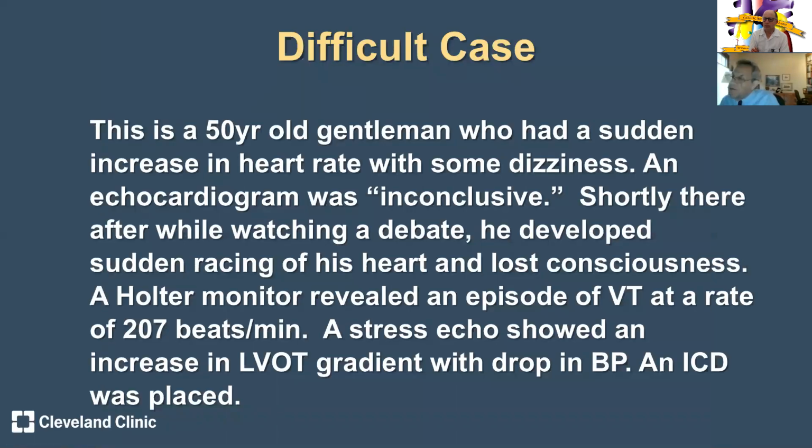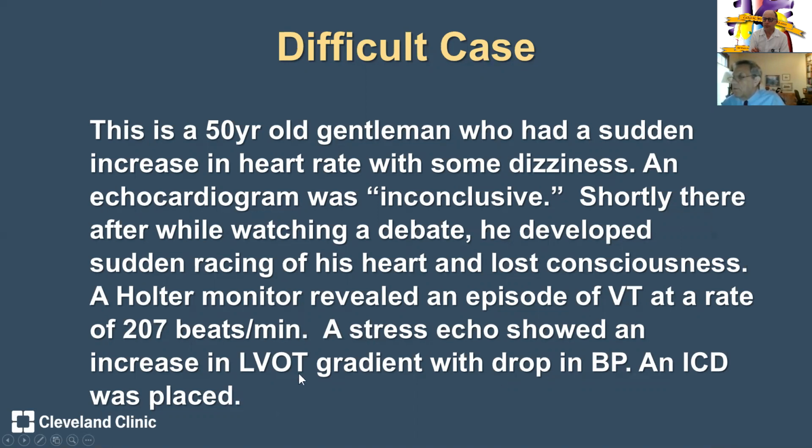The next is a 50-year-old gentleman who had a sudden increase in heart rate with dizziness. An echocardiogram was inconclusive. Shortly thereafter, while watching a debate, he developed sudden racing of the heart and lost consciousness. Holter monitor revealed an episode of ventricular tachycardia at a rate of 207 beats per minute.